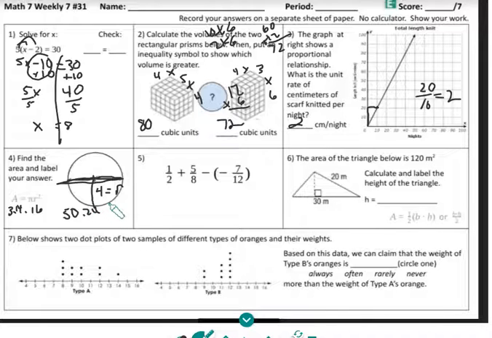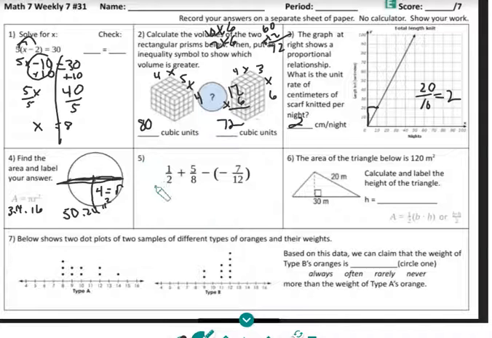And we're going to say inches squared. If you need me to do the multiplication out for the 314 times 16, I could do that if you send me a note.